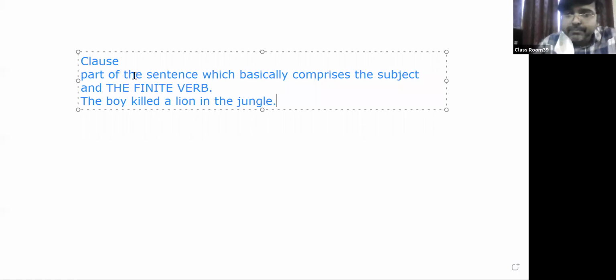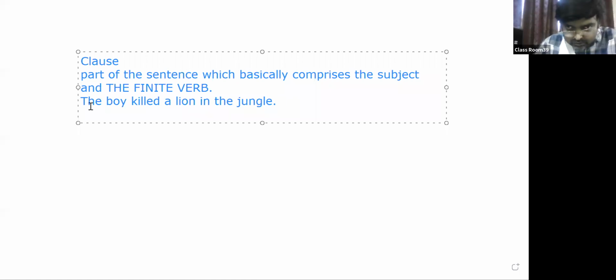Now here, look at this. This is a clause. Why? Because obviously it is having a minimum requirement. When you underline this part, this makes it a clause. And this entire sentence seems almost complete. Here, what you are seeing is that there are several elements. One by one, let us point out which are those elements we have found.